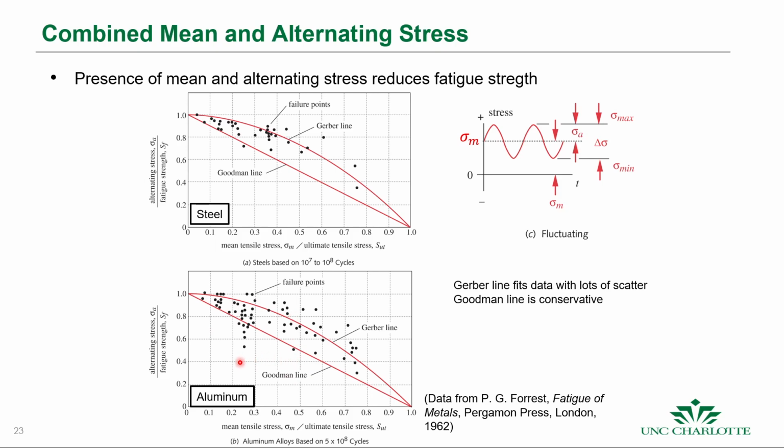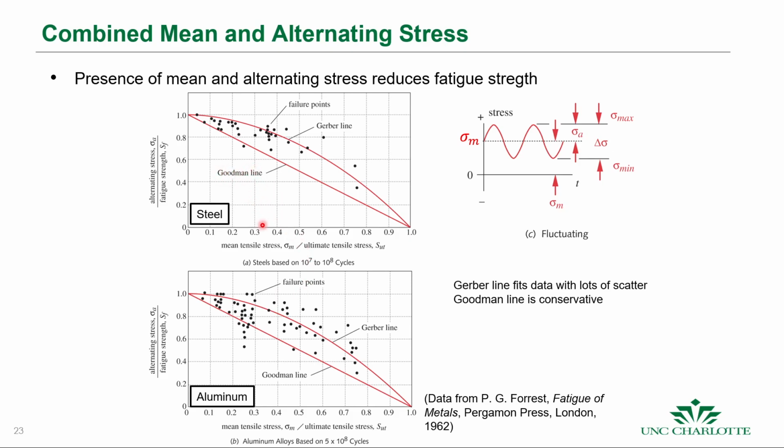When we have that point, we have to be below this Goodman line because it's more conservative, so that's what we use. It's also a straight line, which is easier to plug into the equations, but not much easier. So this is for steels.